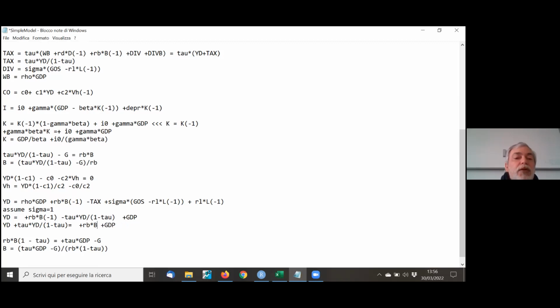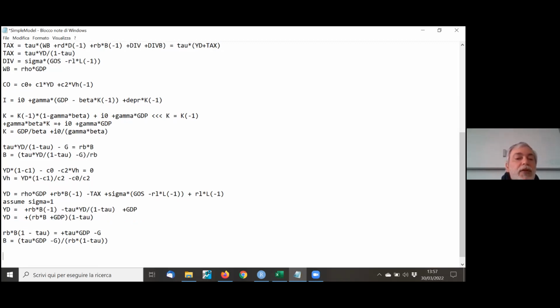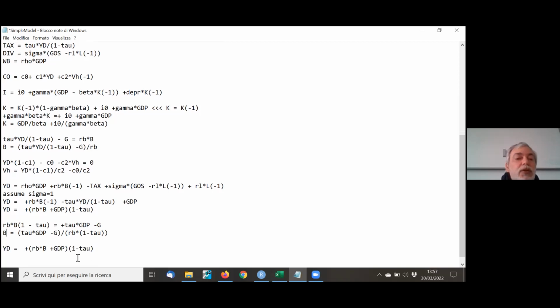Can drop the minus 1 here. And this was 1 minus tau. These were all multiplied by 1 minus tau. And this was YD times 1 minus tau. So this simplified to YD. So this is what we had as YD. Now we have B. And so we can see what happens if we substitute this value of B into here.